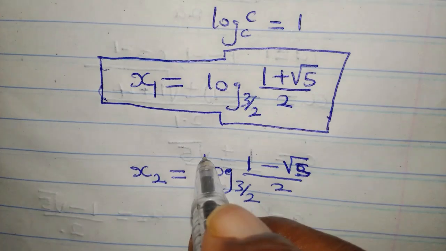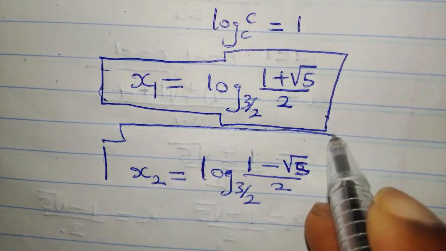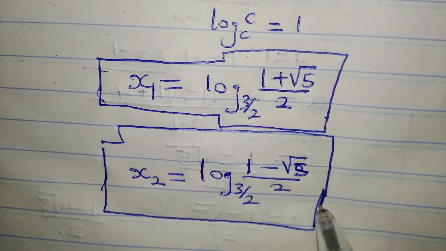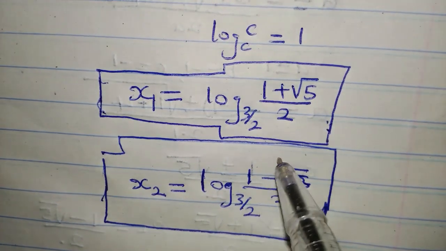So this probably will be the second value for x. You can cross check by solving it further, or by solving it from the basic, applying the same rule I used here.